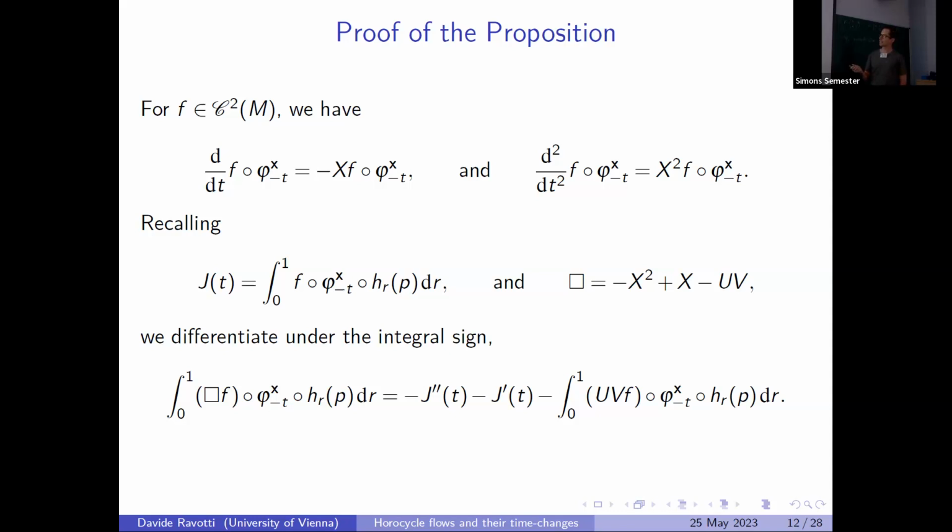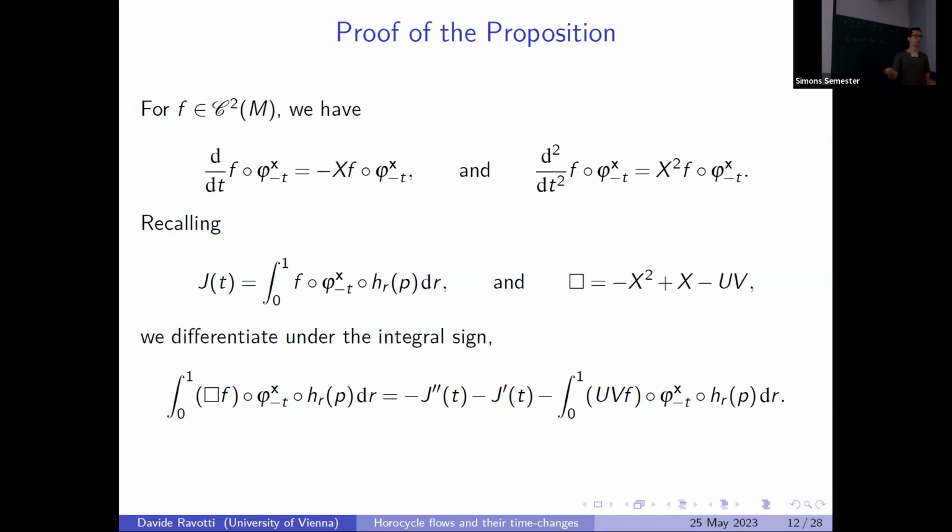And since X is minus the derivative with respect to time of this, I get minus the first derivative of j with respect to time, minus this part over here that I leave as it is. Okay, this is what happens if for j instead of f there was the Casimir of f.